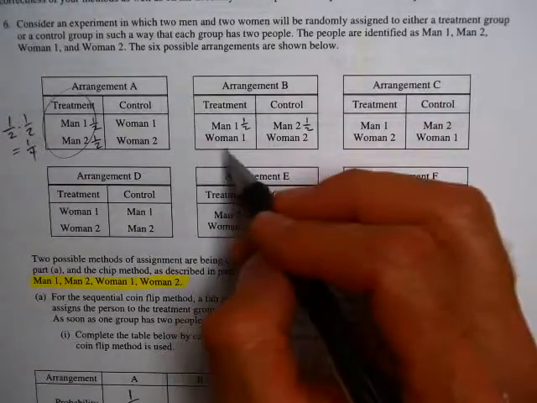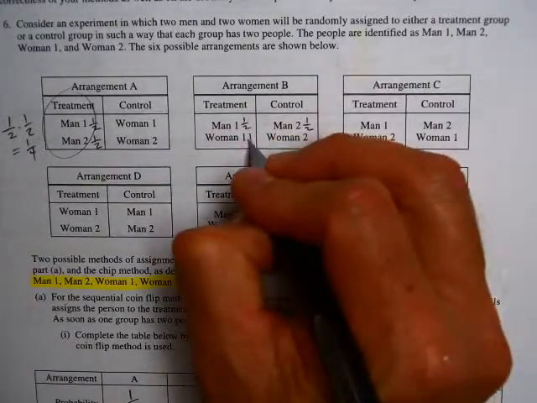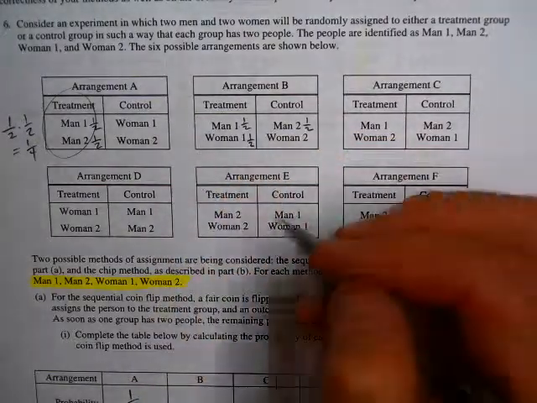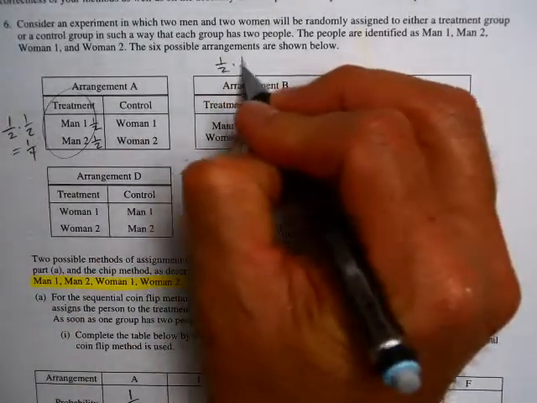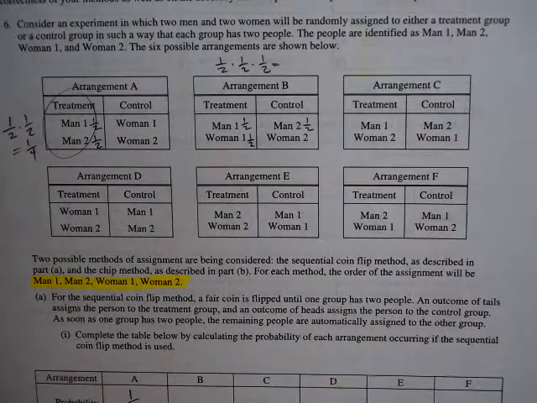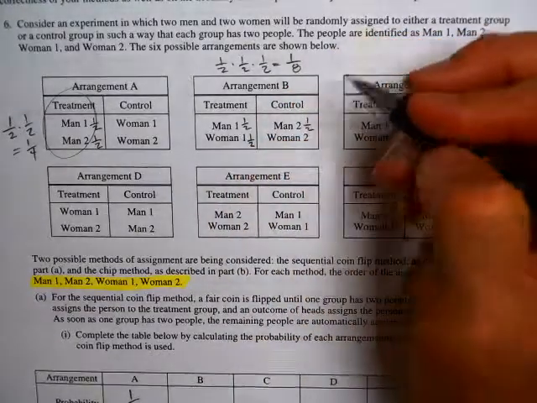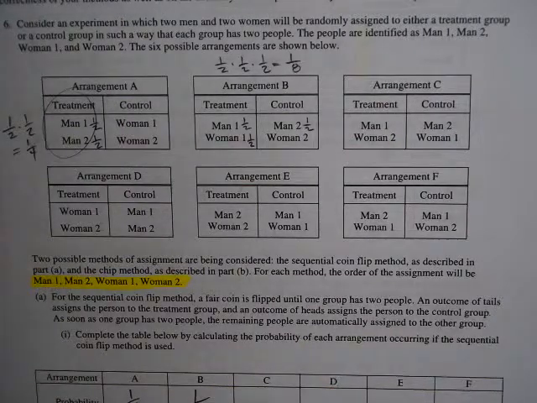But the treatment group isn't filled yet, so now it goes to woman 1. She flips the coin. She's either going to get into the treatment or the control. And then woman 2 is left with whatever's left, which is the control. So I've got 1/2 times 1/2 times 1/2, which is 1 in 8. So there's a 1 in 8 probability that arrangement B will happen.